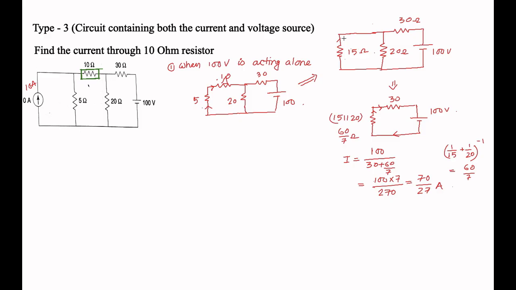And what is the direction of the current? The direction of the current is downward, because you can see that the current supplied by the battery is I dash. So what is I dash?